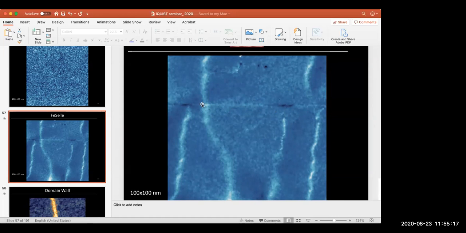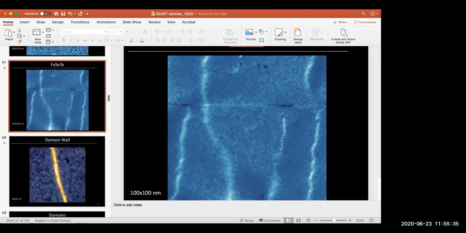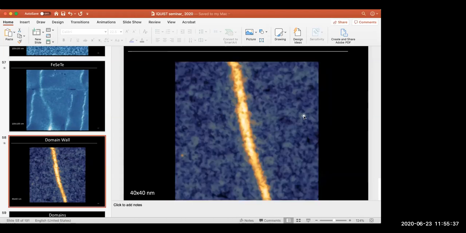So there's certainly a line here, and you can imagine that this is actually going to end here, and it's just not visible because of the contrast of this particular image. I'm not 100% sure, but I can tell you that the domain walls we looked at that look like this usually end at step edges or at stacking faults. Yes, that's true.